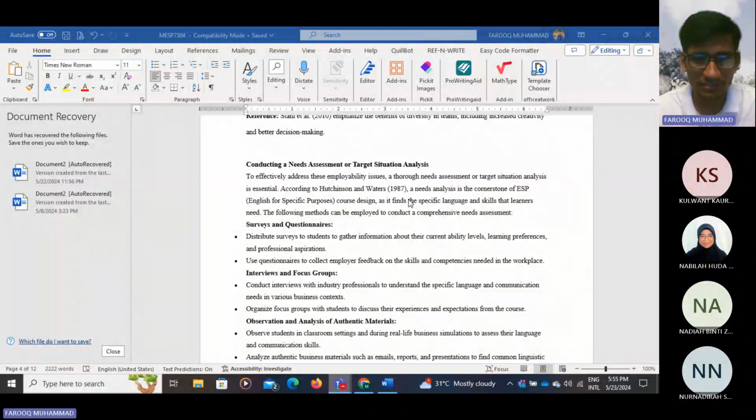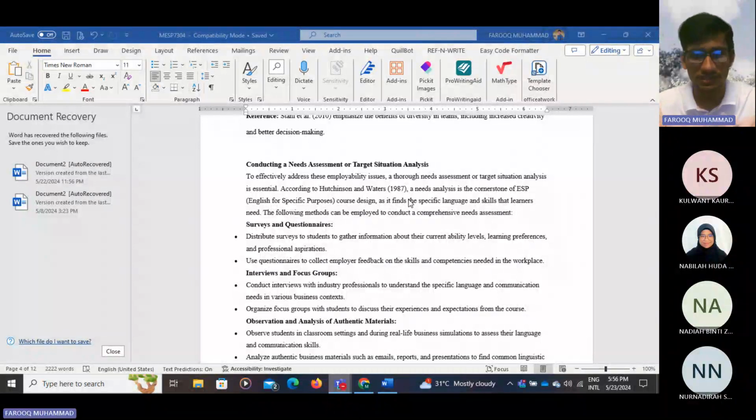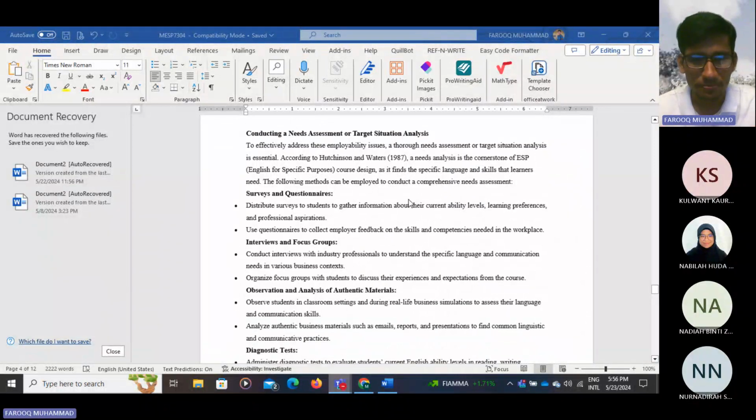There are different methods we can use. First, we can go for surveys and questionnaires. We can distribute surveys to students to gather information about their current ability levels, learning preferences, and professional aspirations. We can also use questionnaires to collect employer feedback on the skills and competencies related to the workplace.